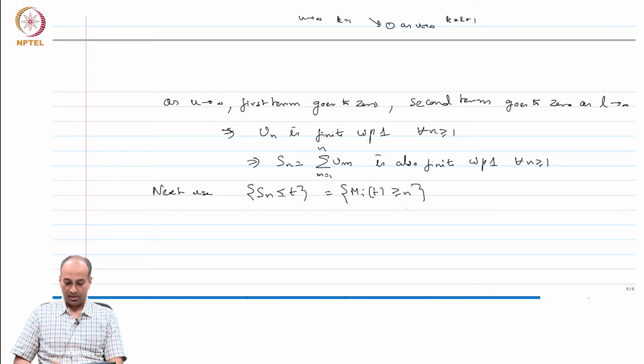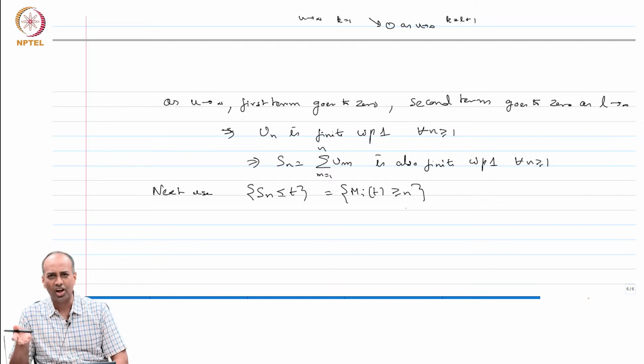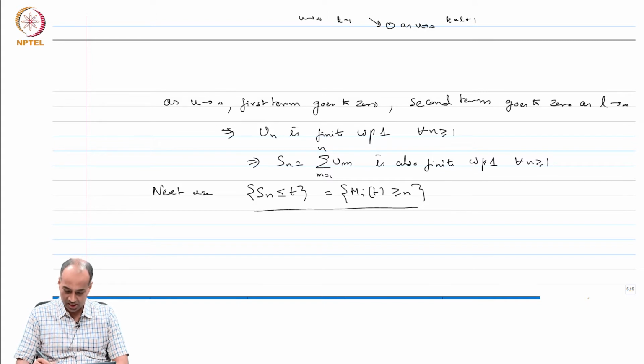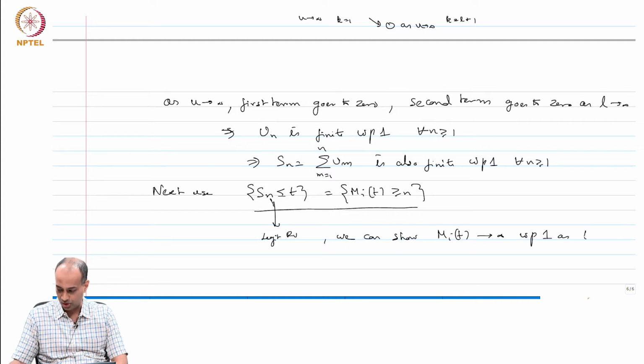Now, this is exactly playing out like a corresponding result we proved for renewal processes, except this M_i(t) is not a renewal process, but nevertheless this equivalence holds. And using this and the fact that the S_n's are legitimate random variables, finite with probability 1, we can show that M_i(t) goes to infinity with probability 1 as t goes to infinity.